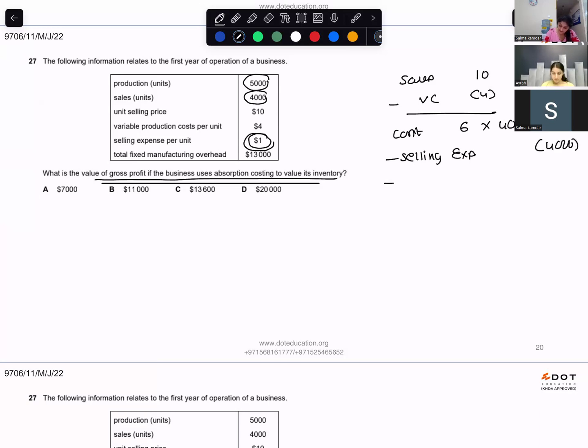Minus the fixed costs, 13,000. So your gross profit is how much? 7,000. Check properly: 24,000 minus 4,000 minus 13,000 is 7,000.